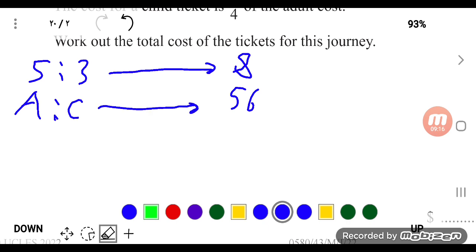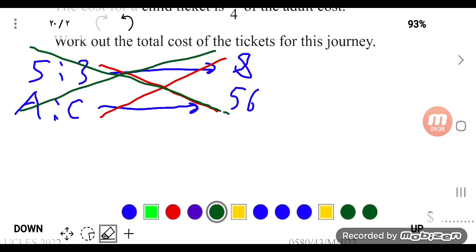Then you cross multiply like this. If you cross multiply like this, you get the number of children. And then if you cross multiply again, like this, you get the number of adults. So let's do that. Children is equal to 56 times 3 divided by 8.